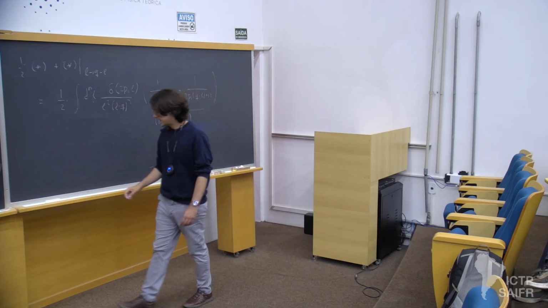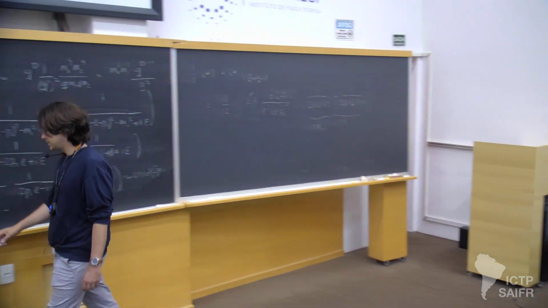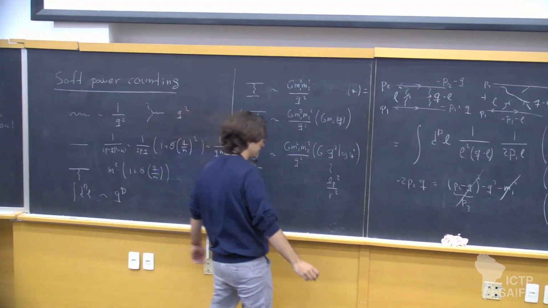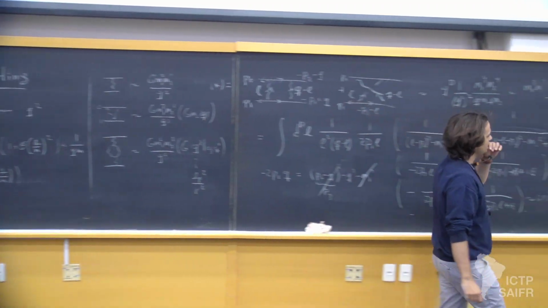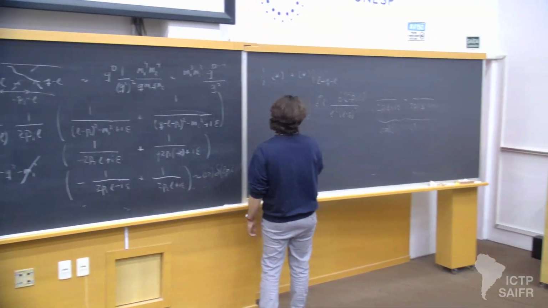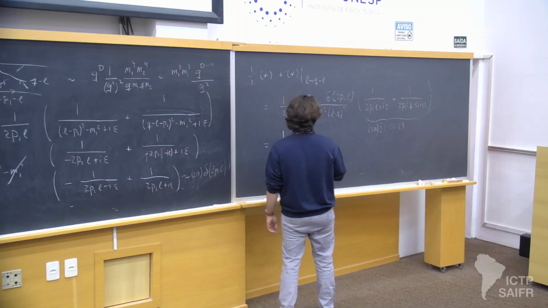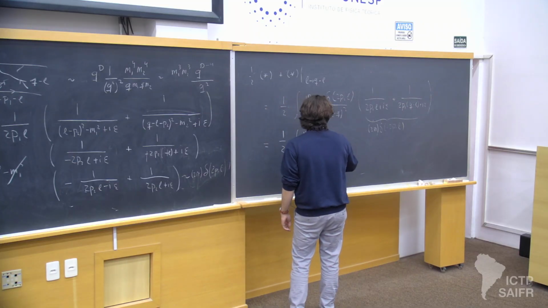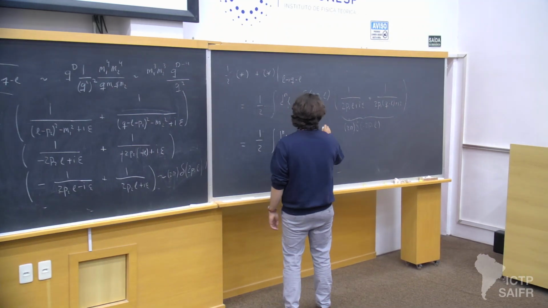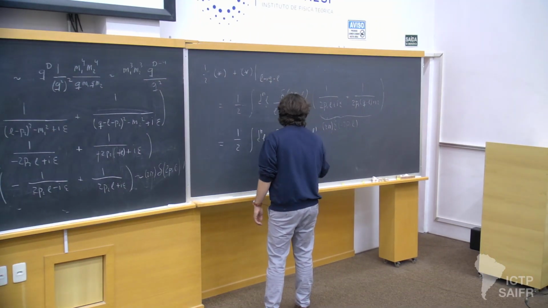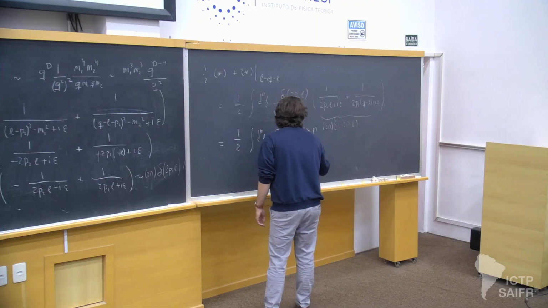Okay, so the answer looks like 1/2 ddL 2 P1.L 2 P2.L over L squared (L minus Q) squared.